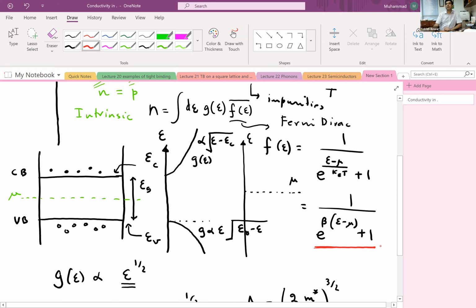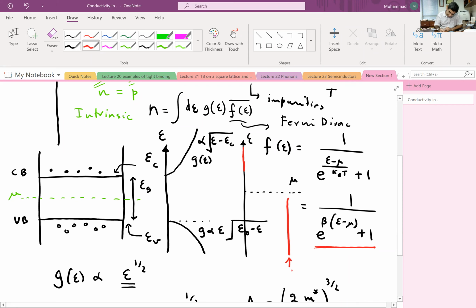For energies below the chemical potential, it's almost 1. And for energies above the chemical potential, it's almost 0. But there is a slight smoothing of the curve near the Fermi energy. So if this is my chemical potential here, for now I'm talking of electrons, for energies above the chemical potential it's almost 0, and for below, it's almost 1.